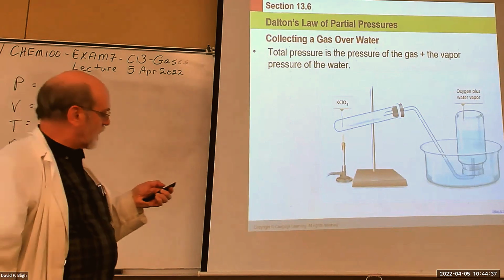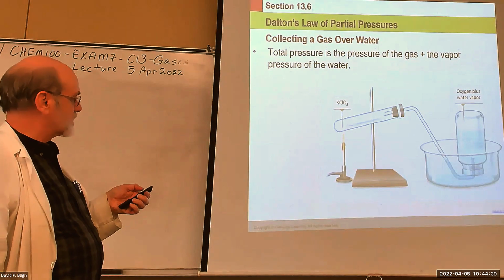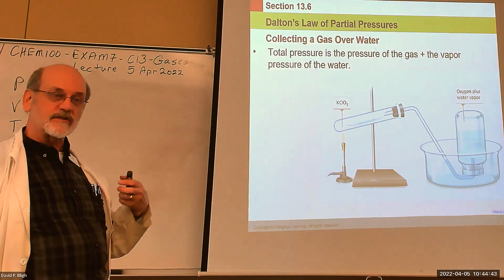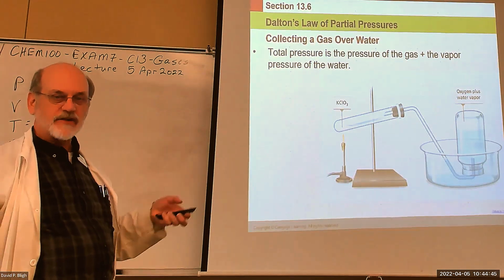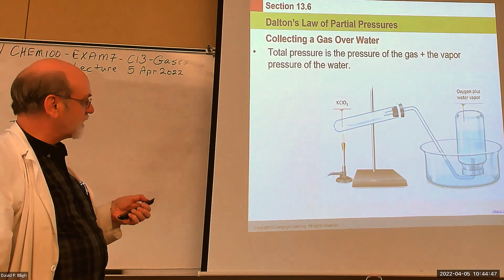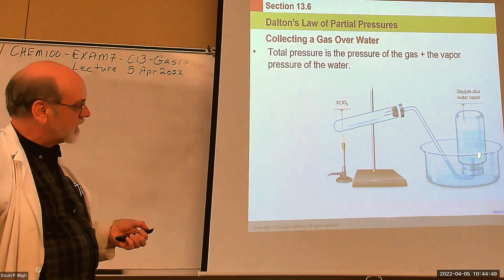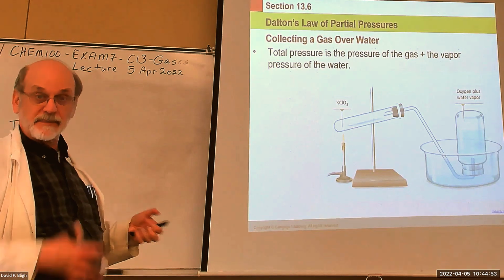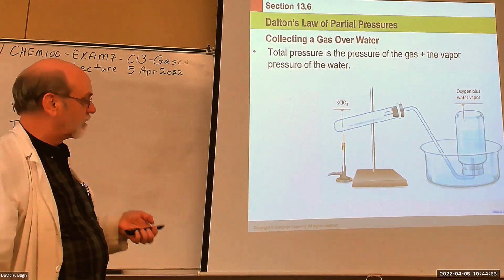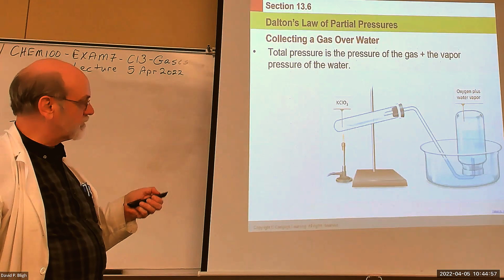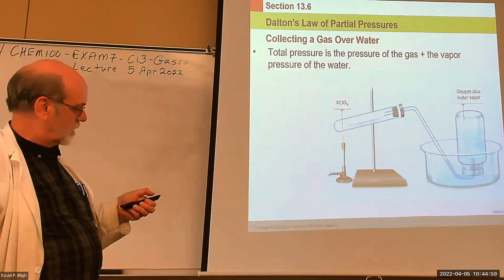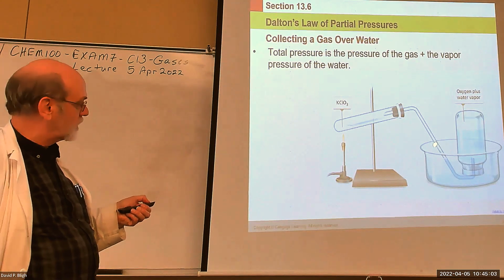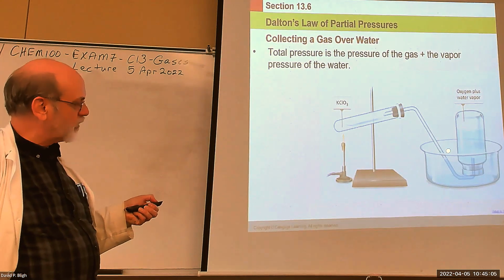You're conducting an experiment that produces a gas. In this case, it's potassium chlorate. When you heat it up, it decomposes into potassium chloride plus oxygen gas. And we can collect the oxygen gas in here. If we fill this vessel up with water, and then we bubble the gas in, it displaces the water, right? And we can measure the volume inside the container. And we know the pressure inside the container is the atmospheric pressure.